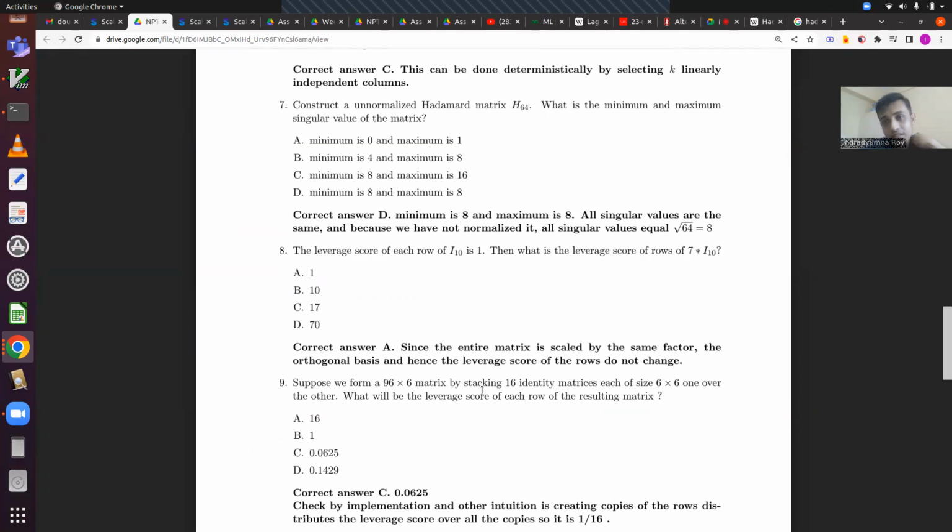So if you have the leverage score of rows of 7 times I10, that means you are just multiplying the 1 by 7, right? If you are scaling a matrix, then the positioning of the matrix does not change, and the basis does not change. So what it is saying is you have 7 in each of the positions, and therefore every row has the same constant value.